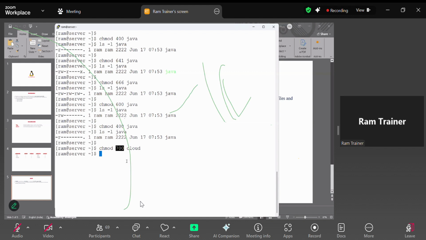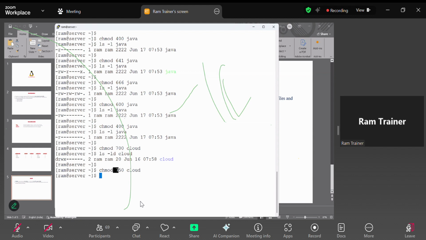User read, write, execute. Group members and others get nothing. So let me check with ls -ld. It is cloud. See this? User read, write, execute. Group members and others get nothing.